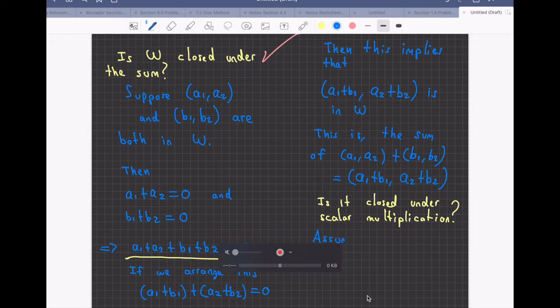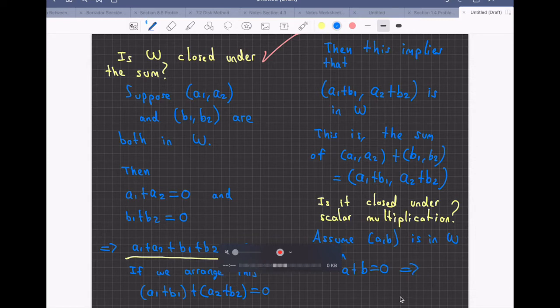Assume we have one element A1, A2, or we can use in this case A, B. A, B is in W. Then A plus B is equal to 0.